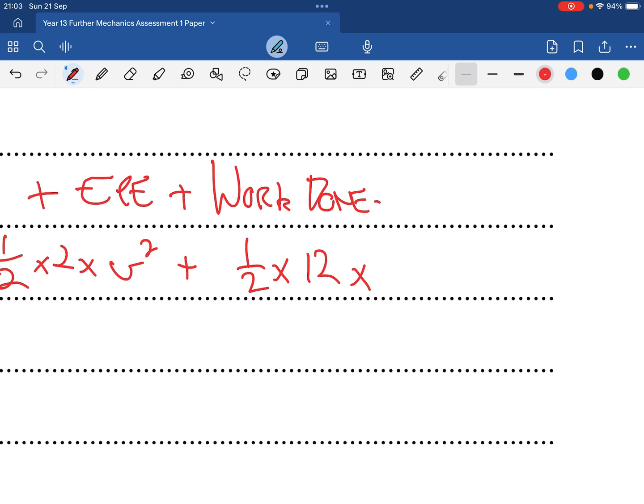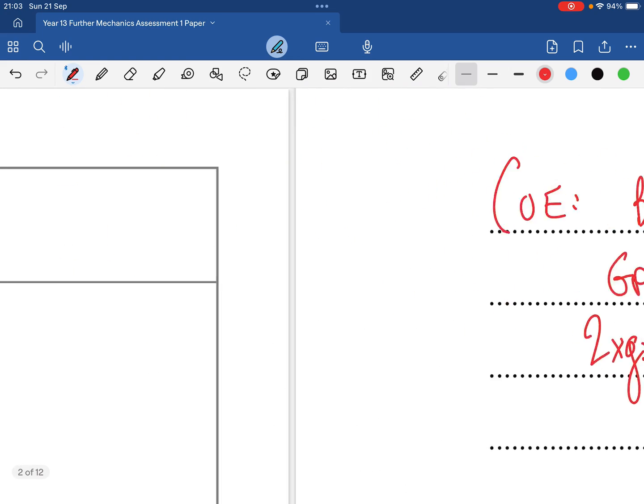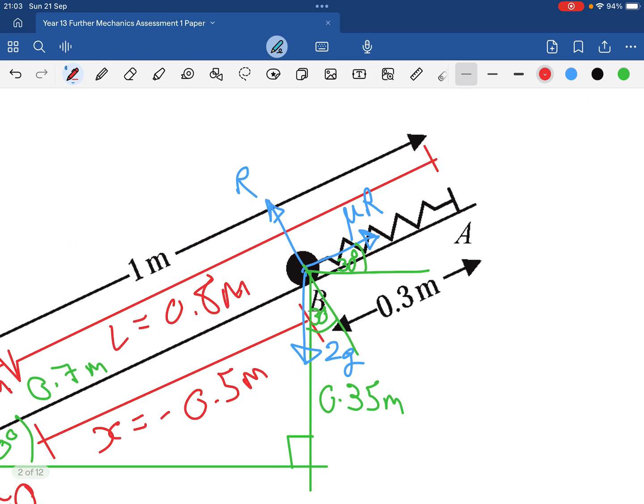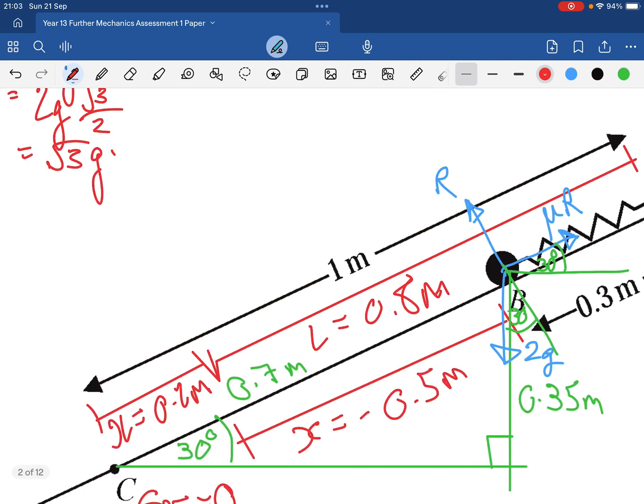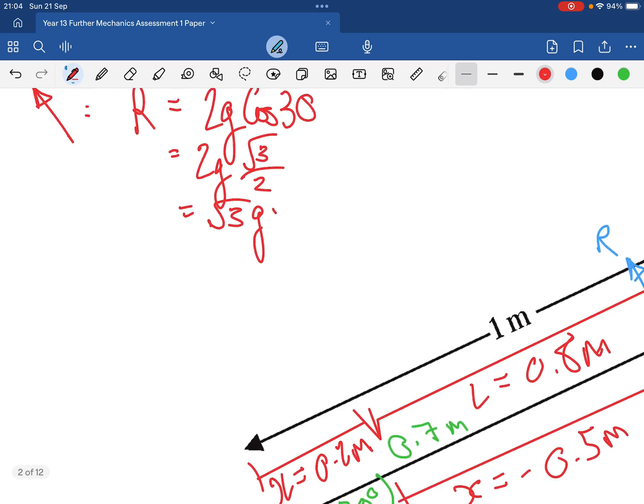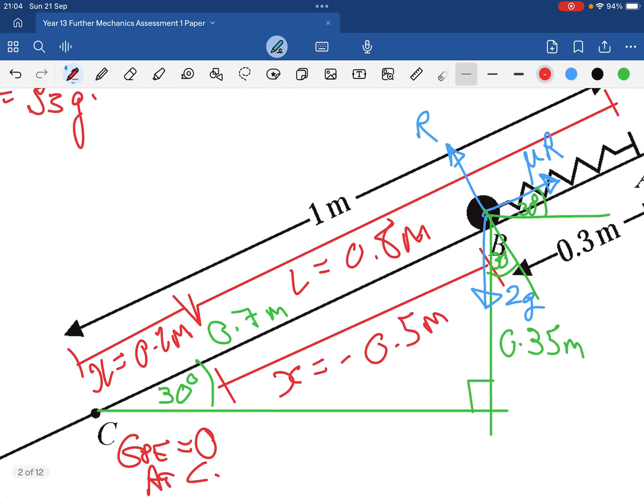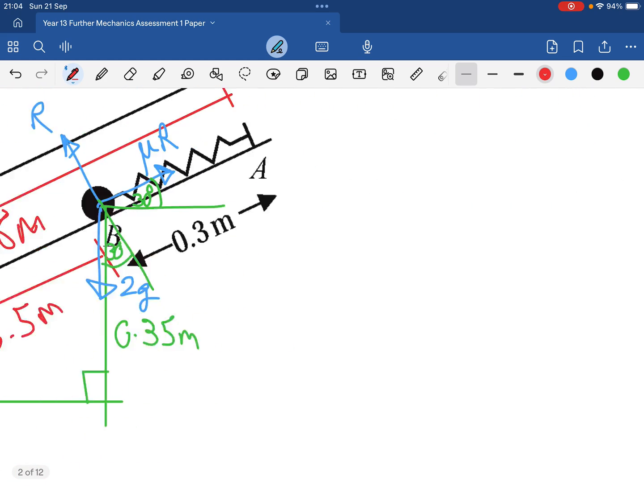So half times 12 times 0.2 squared over L for our spring, which was 0.8. And our work done is the frictional force mu R times the distance. So we had 0.3 for mu, and R was root 3g, and the distance is 0.7 meters.